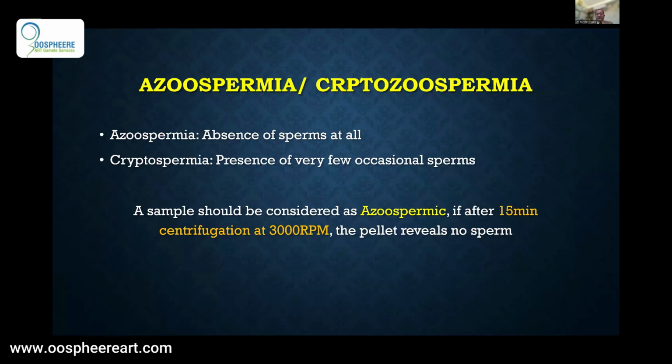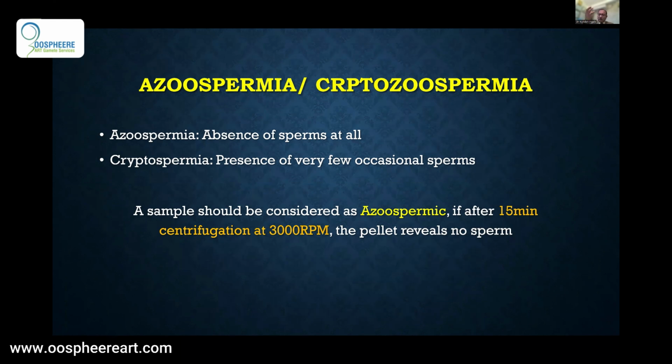Third is azoospermia or cryptozoospermia. Now, azoospermia is a complete absence, so you will not get any sperm. But is it that when you have taken a drop and you don't see any sperm, it means azoospermia? No. You still need to do one more exercise. Once you take a drop and you have checked all the fields of that drop, and if you don't see a single sperm, the next thing is you do the centrifugation of the tube having the semen sample.